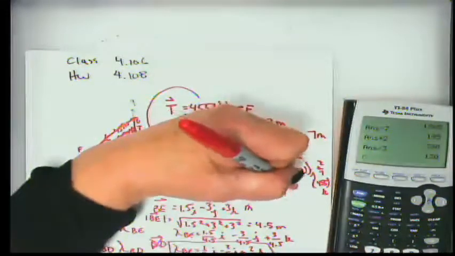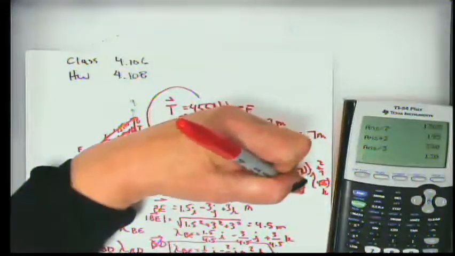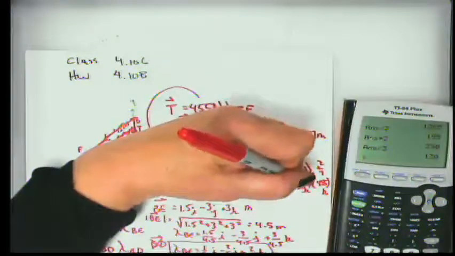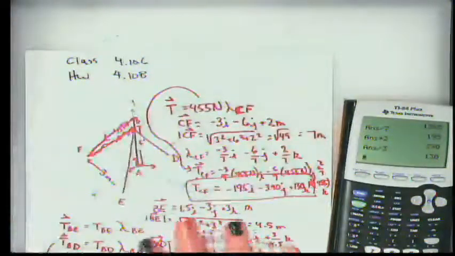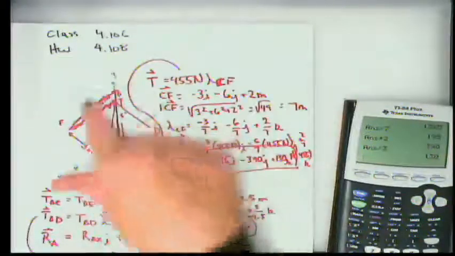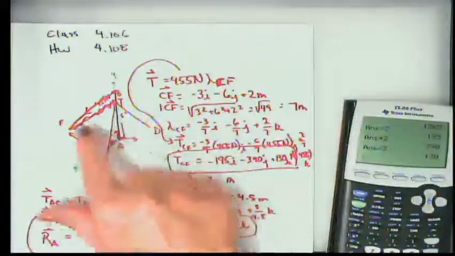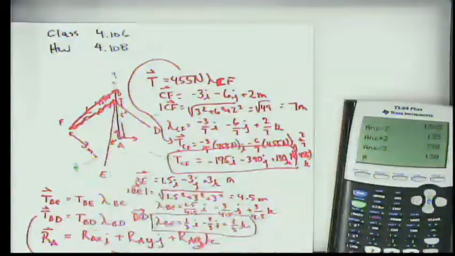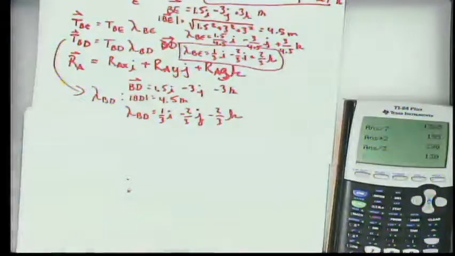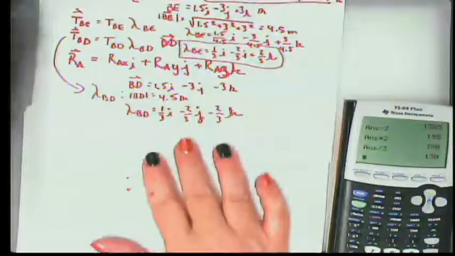So plus 130K, and that's in newtons. All right. Now we have all of the forces. We have 3 tensions, and we have the reaction at A. So the next thing we need to do is to write our equations for summation.